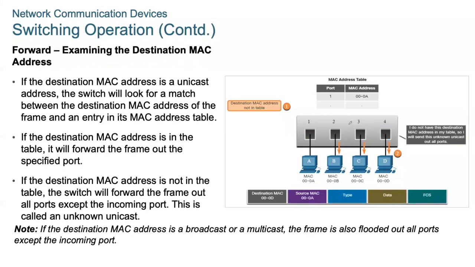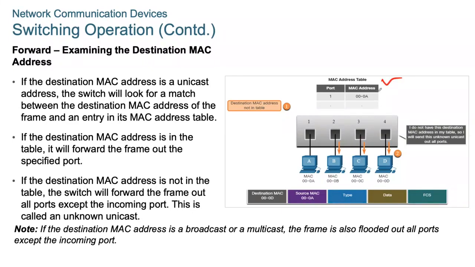In the second step, we examine the destination MAC address. If the destination MAC address is a unicast address, it will have only one MAC address, right? So the switch will look for a match between the destination MAC address of the frame and an entry in its MAC address table.